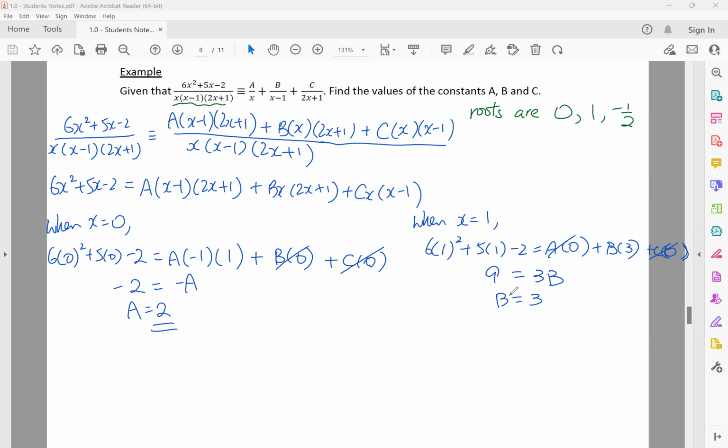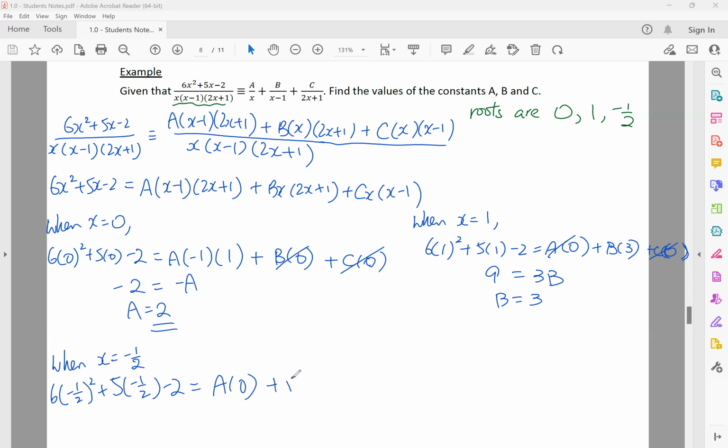And the last one, when x equals minus a half. Now this becomes a bit messier because you've got a negative fraction. So when you put it in the calculator, be careful. 6 times minus a half squared plus 5 times minus a half minus 2 equal. Now when we put minus a half in, anything with the 2x plus 1 in the term will go to 0. So a goes to 0.